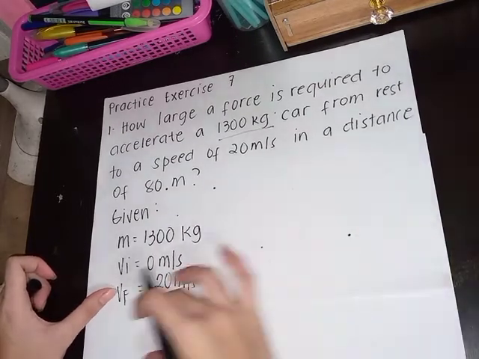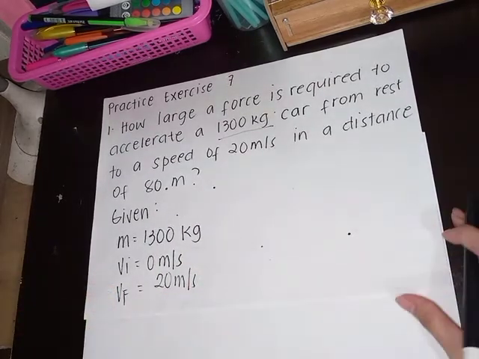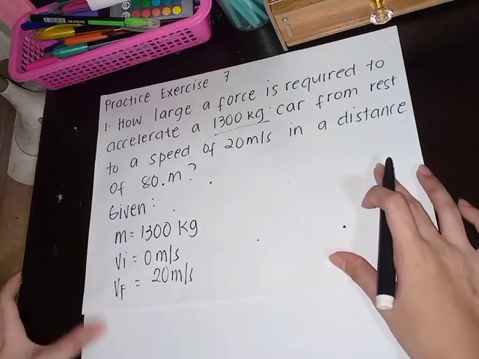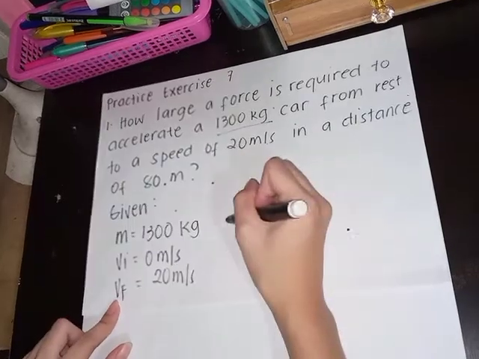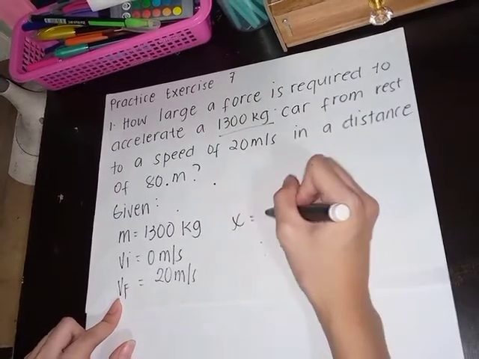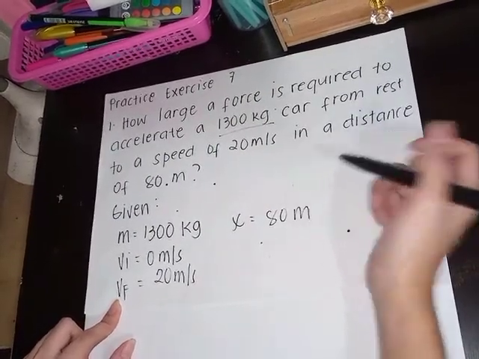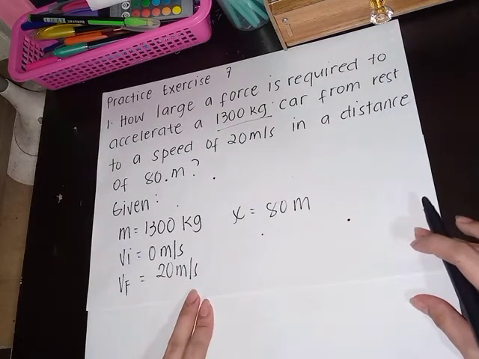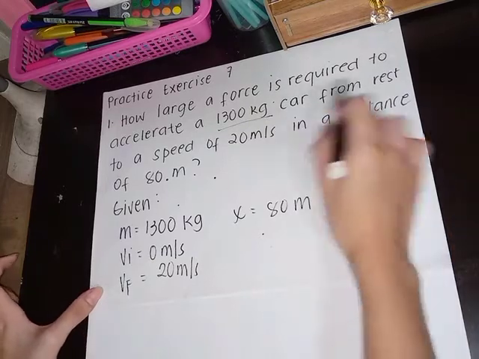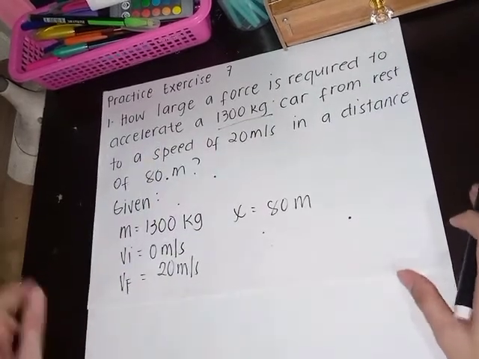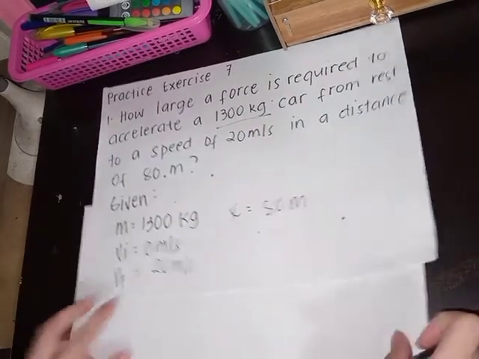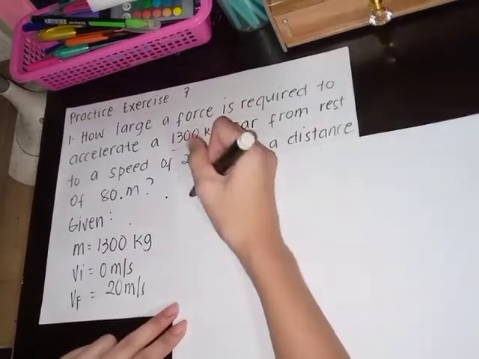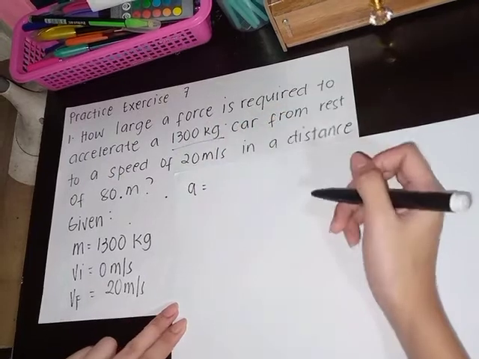So we have the distance. It is horizontal. So we have an x of 80 meter. So first, kailangan nating mahanap is yung required acceleration. So we have to find acceleration.